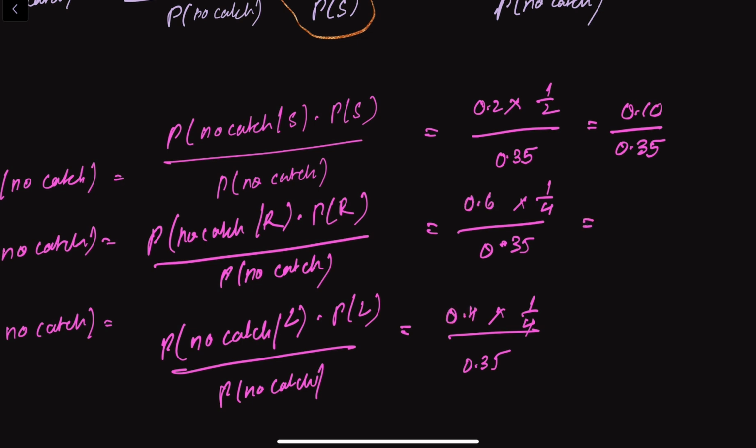So 0.6 times 1/4 is 0.15, giving 0.15 by 0.35, and the lake gives 0.10 by 0.35. So that is 2/7, 3/7 and 2/7.